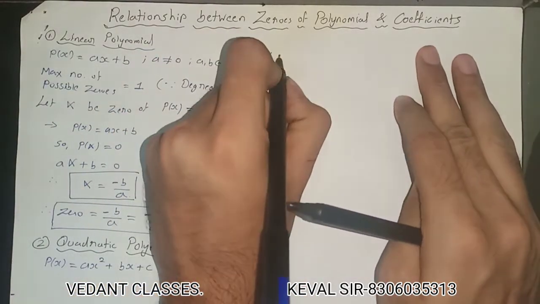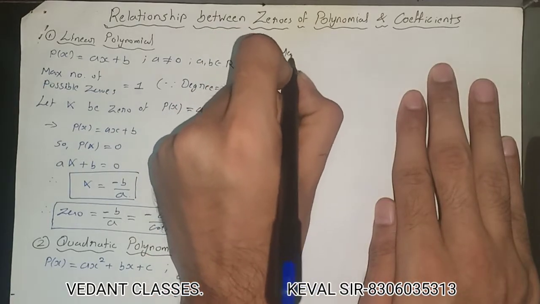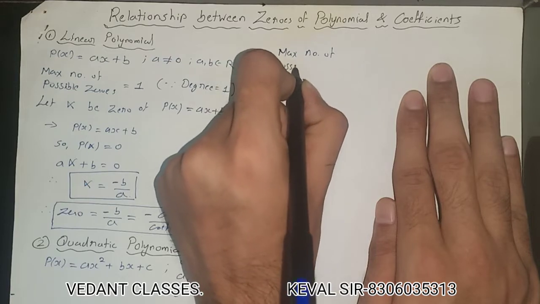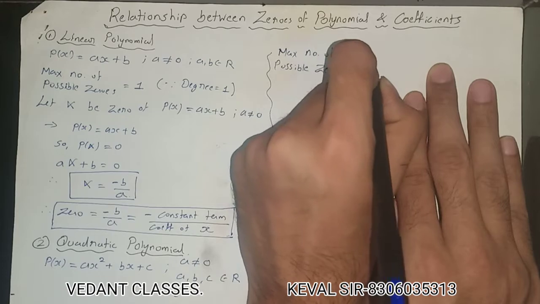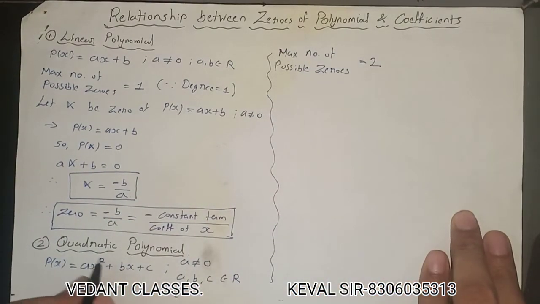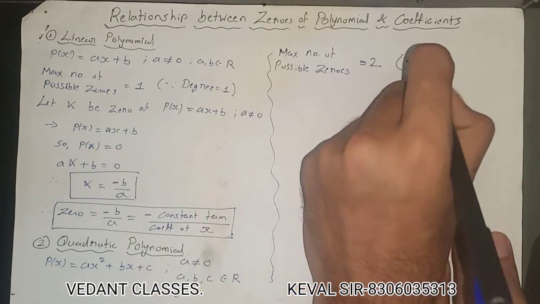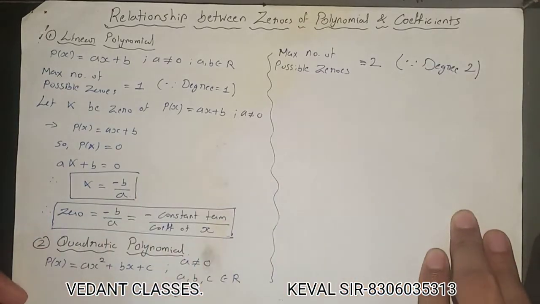Here the maximum number of possible zeros will be equal to 2. The reason is that it is a quadratic polynomial, meaning its degree is 2. Because the degree is 2, the maximum possible zeros are 2.